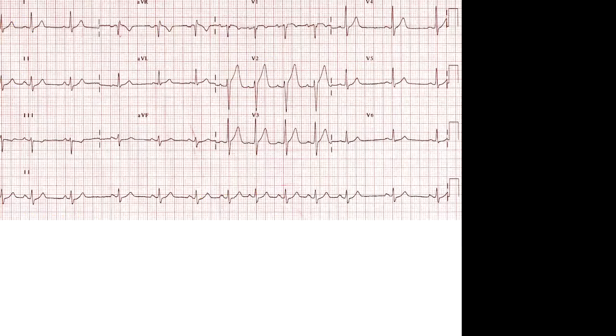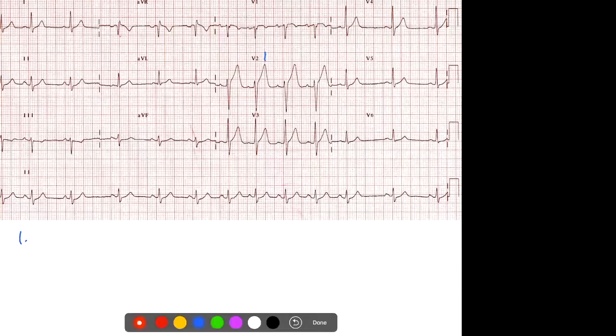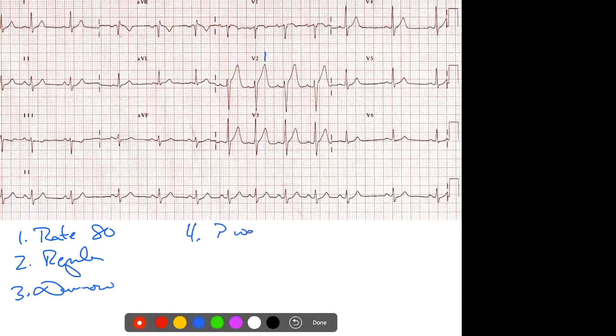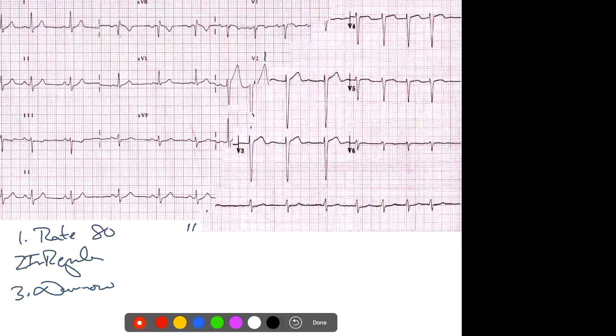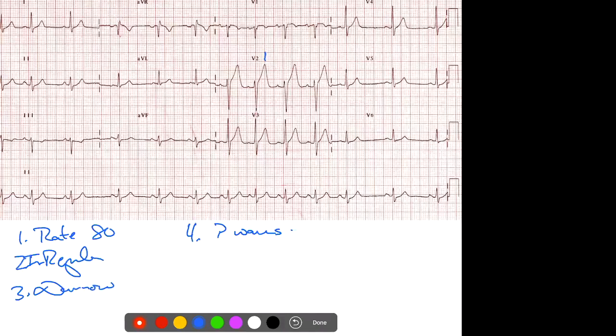All right. I lost all my notes, didn't I? Number one, we had a rate of 80. We had a regular rhythm. We had a narrow QRS. Actually, I think it was irregular. Oh, you're right, thank you. Irregular rhythm. P waves look like they're sinus.